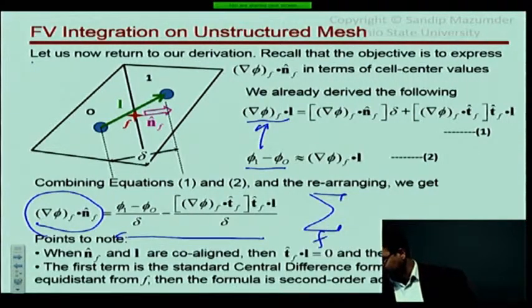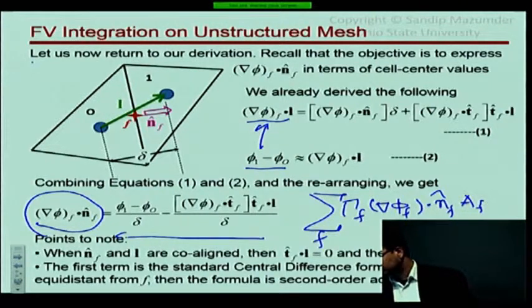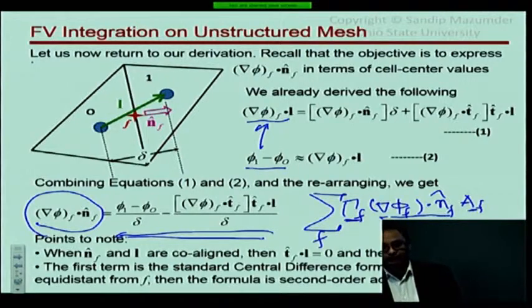We had gamma f grad phi f dot nf af is equal to s naught v naught. That was our finite volume equation. This term we know how to get, interpolation. Area we know. This term now gets replaced by this expression. So we have essentially phi 1 minus phi naught over delta plus this additional term which shows up.